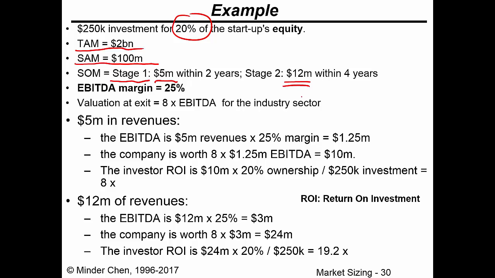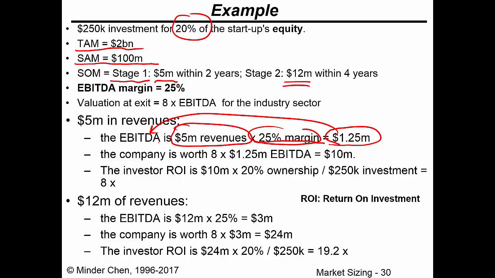So if $5 million in revenue in 2 years, times the profit margin, that means your EBITDA is actually $1.25 million. Okay. 5 million is your revenue, times the profit margin is your EBITDA. So using a factor of 8, multiply the EBITDA, which will be the valuation of your company.